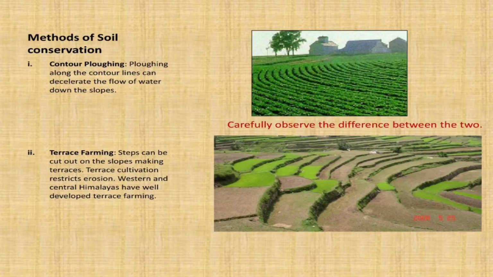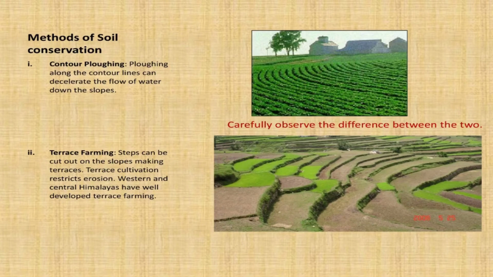Sincere efforts are immediately required to halt the accelerated rate of soil erosion caused by rill and gully erosion and to protect the cultivated farms from slow poisoning through rain splash and sheet erosion.